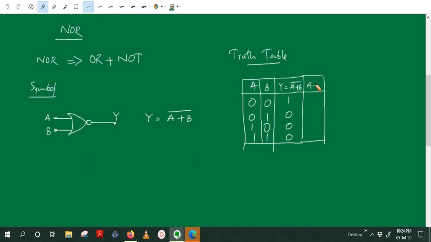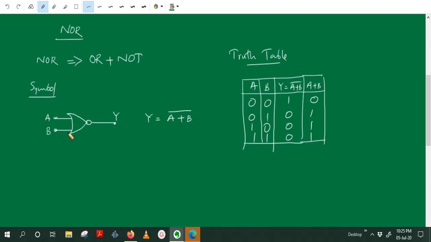That is A or B. For the OR gate it is 0 for 0 0, for 0 1 it is 1, 1 0 has output 1, 1 1 has output 1. So the NOR gate is the complement of the OR gate.